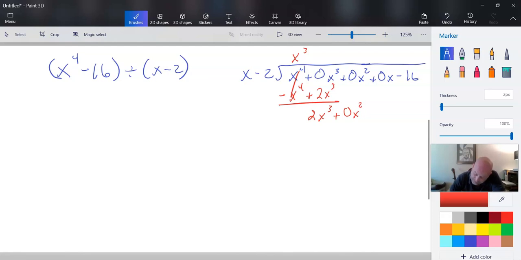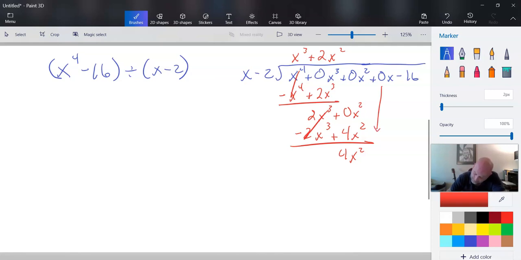So let's see here. X times what is 2x to the third? Well, that's going to be positive 2x squared. So if I multiply that through, that'll give me 2x cubed, but I'm subtracting it. And then that's minus 4x squared, but I'm adding it because I'm changing the sign. And so that cancels, and that leaves me with a 4x squared.